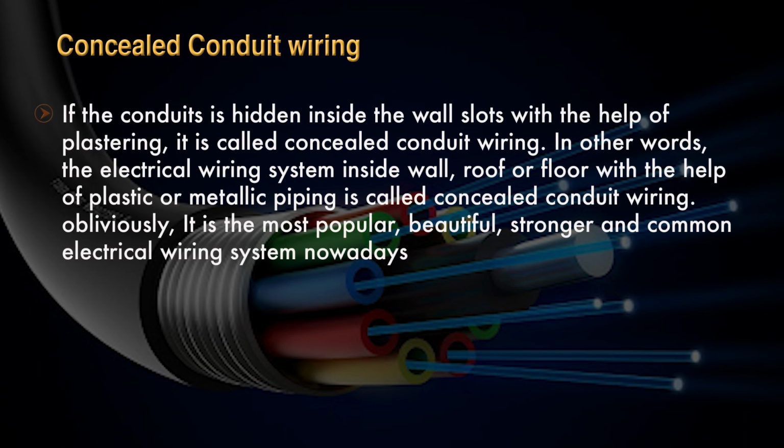If the conduit is hidden inside wall slots with the help of plastering, it is called concealed conduit wiring. In other words, the electrical wiring system inside the wall, roof or floor with the help of plastic or metallic piping is called concealed conduit wiring. Obviously, it is the most popular, beautiful, stronger and common electrical wiring system nowadays.